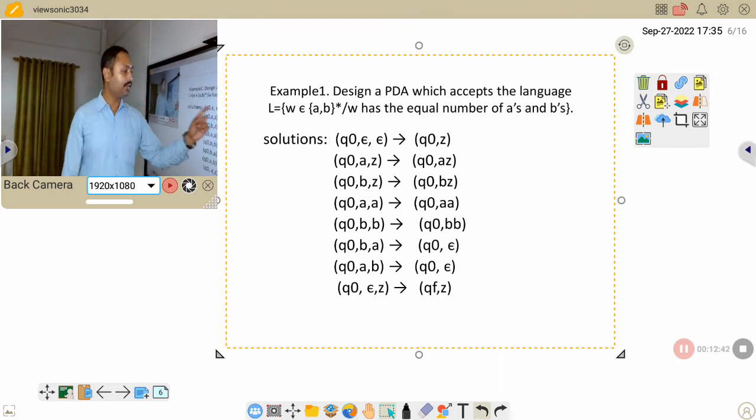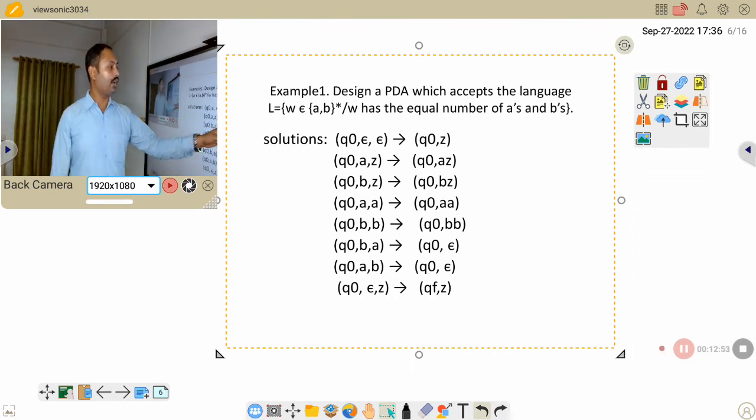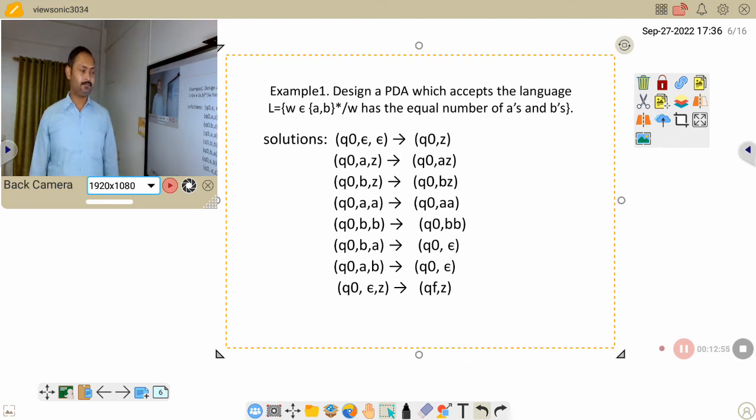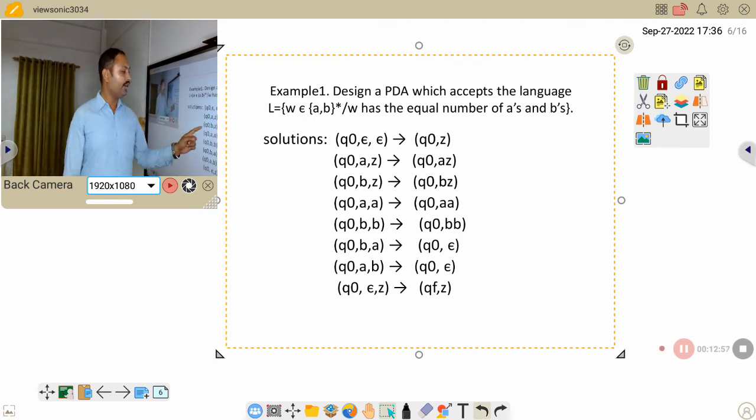So this is the movement AZ. What is the meaning of that? We are going to place input symbol A just upon Z.